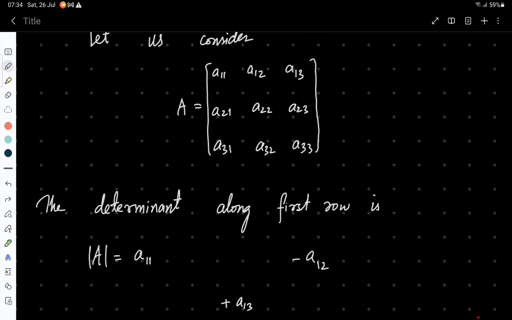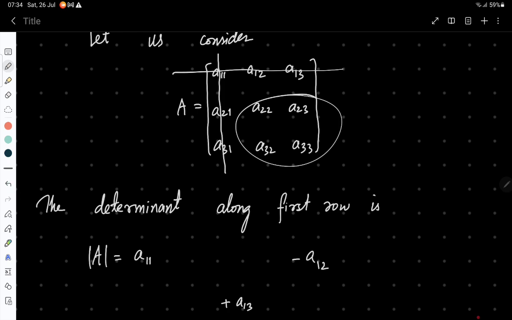Okay, so what is the second component of this first term? This is A11. If you cancel this column and this row, you will get this submatrix.